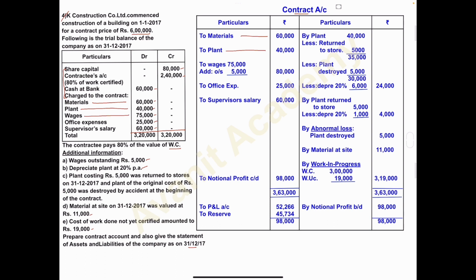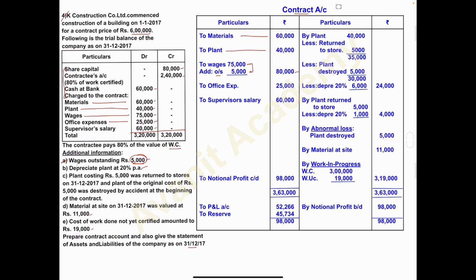Wages, 75,000. So, see the additional information. Point A, wages outstanding rupees 5,000. So, the wages outstanding amount we have to add to this 75,000. So, see the solution part. To wages 75,000, add outstanding amount 5,000, and the total of these two, 75,000 plus 5,000, you will get 80,000.